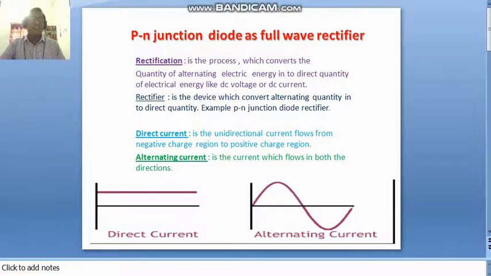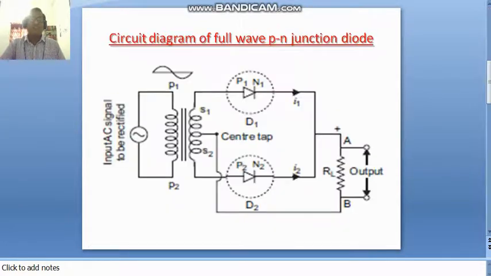Now if you come to the circuit diagram of the full wave PN junction diode rectifier, this is the rectifier circuit. Here this is the AC source connected in the primary circuit of the transformer to be rectified.